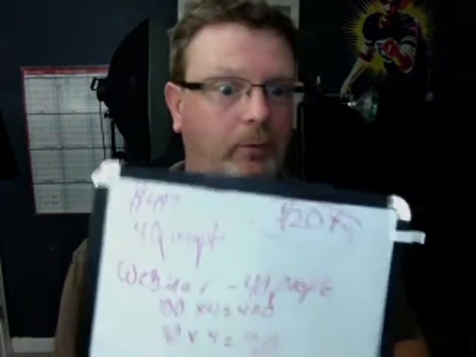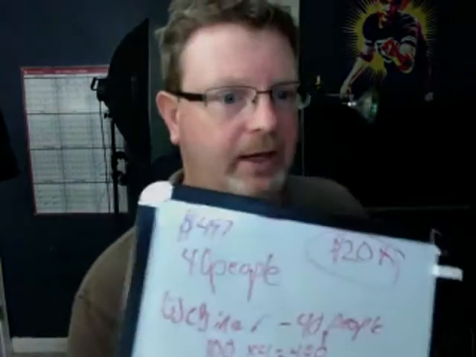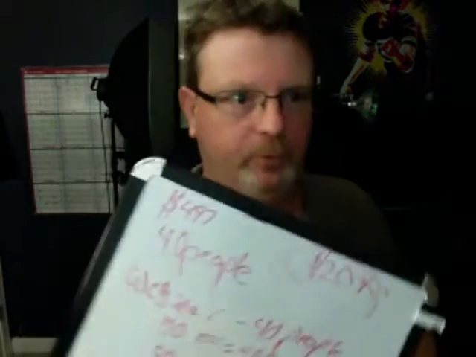So 100 times 4 equals 400. Now you got 400 people registered so that 120 show up, and hopefully 20% of those buy, which is 24 people.